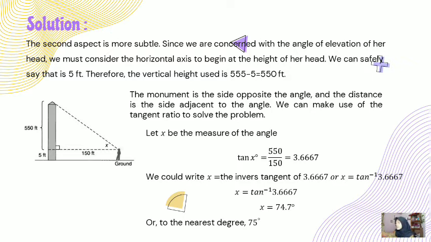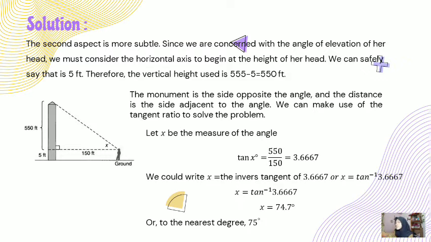Since we are concerned with the angle of elevation from her head, we must consider the horizontal axis to begin at the height of her head. We can safely say that it's 5 feet. Therefore, the vertical height used is 555 minus 5 equals 550 feet.